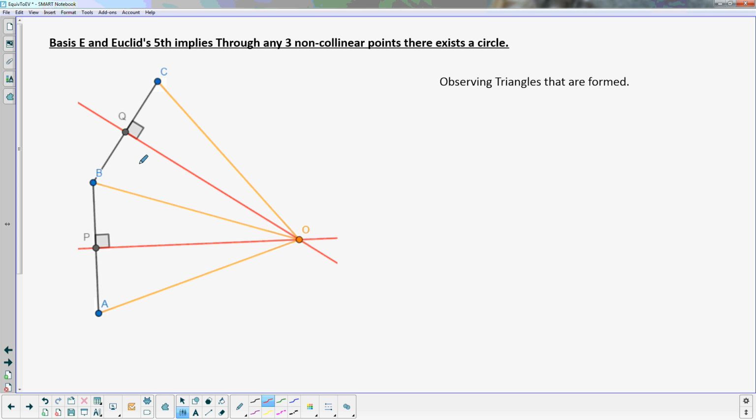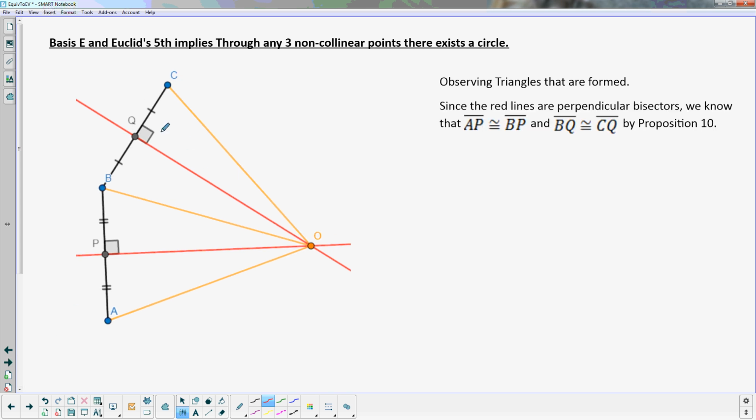And now we're going to actually look at those triangles that are formed with point O. I've drawn 3 segments coming from point O: OA, OB, and OC. So to my 3 non-collinear points, and we're actually looking at all the different triangles formed, the 4 different triangles that are formed, and we're going to prove some things about those triangles.